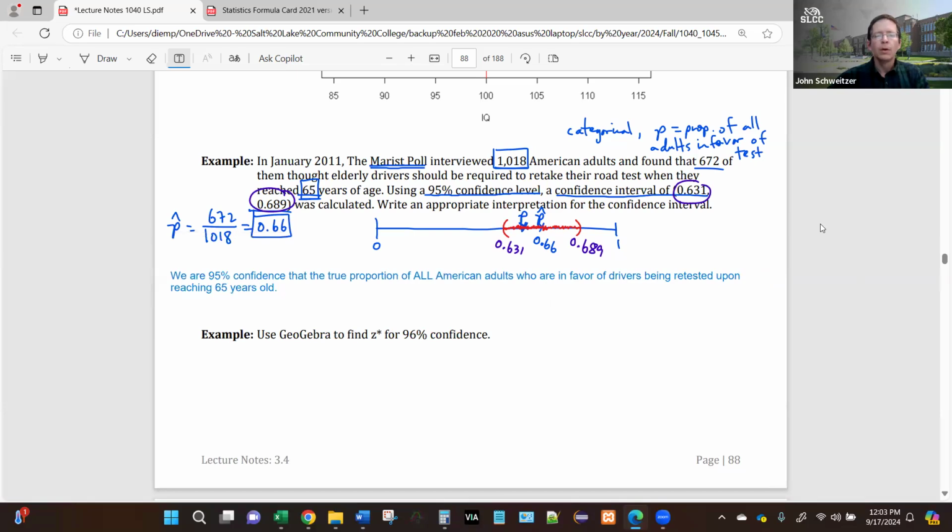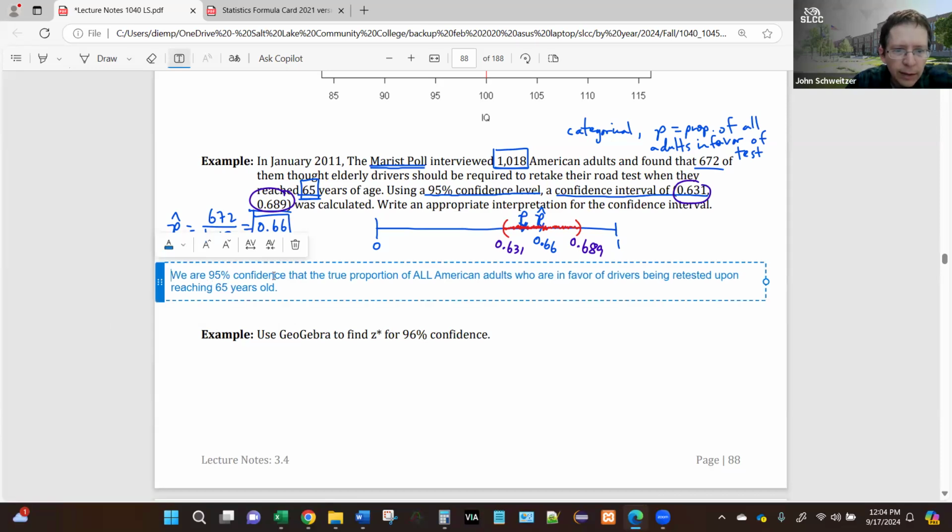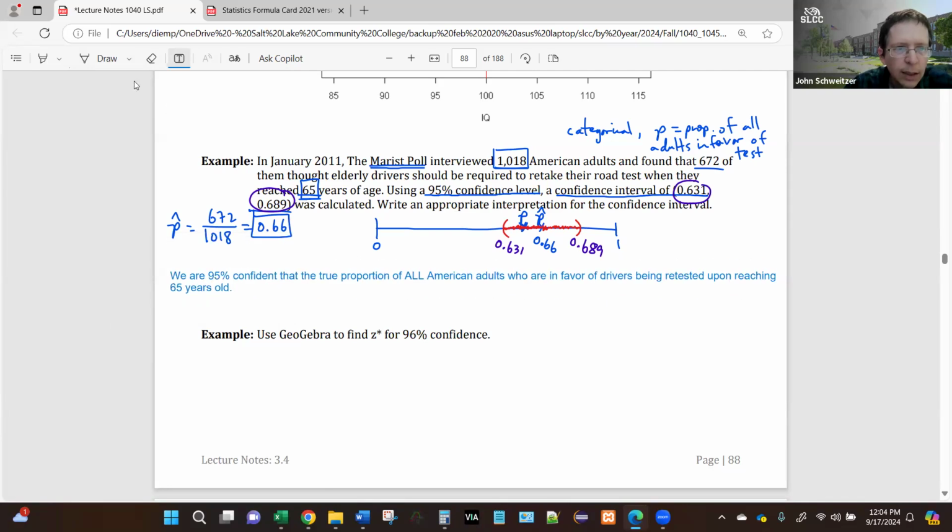So it's pretty formulaic. What's the formula? The first part is we tell people what the confidence level is. We're 95% confident.